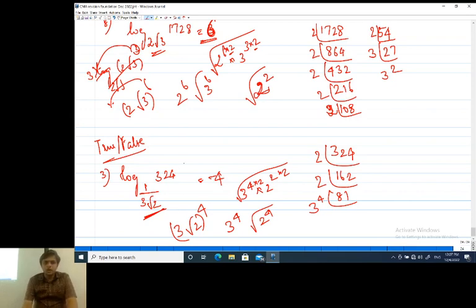So I know log of 324 base 3 root 2 is going to be 4. When I flip the base, the value will become minus 4. The answer is true.